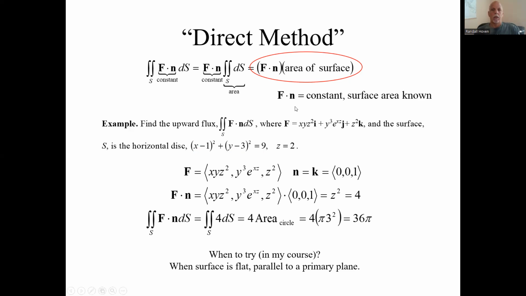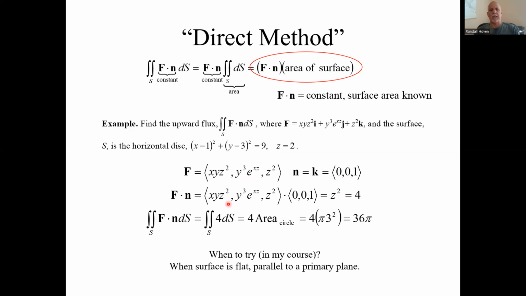Well, the n, remember that's the unit vector that's normal to the surface. Surface is flat like this guy is. That n is just in the positive or minus k direction. We'll make it the positive k. So n is 0, 0, 1. Here's our f.